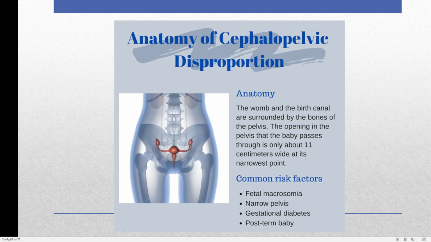Common risk factors are fetal macrosomia, a big fetus, a narrow contracted pelvis, gestational diabetes, and post-term baby, and abnormal molding of the presenting part, abnormal molding of the fetal head.